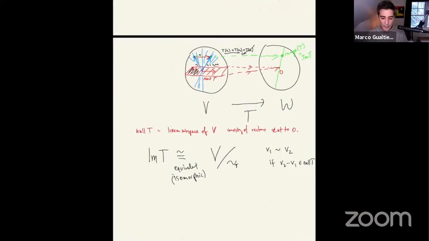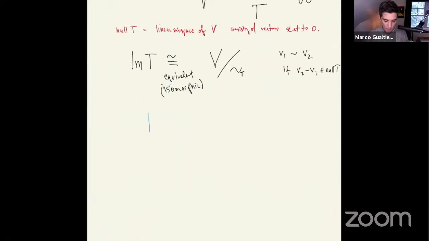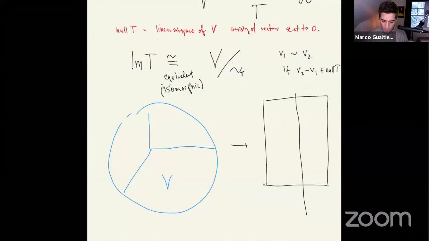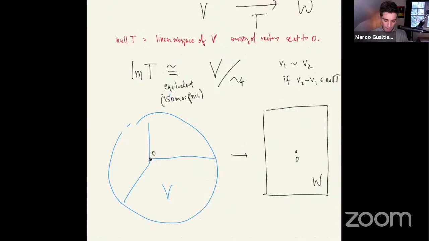Okay, so think of it like this: we have some big space like this, V, and imagine that we have a linear map that looks like this. Imagine we have a linear map to a two-dimensional space, which I'll call W. And imagine that the entire thing is going to be mapped to a single line.